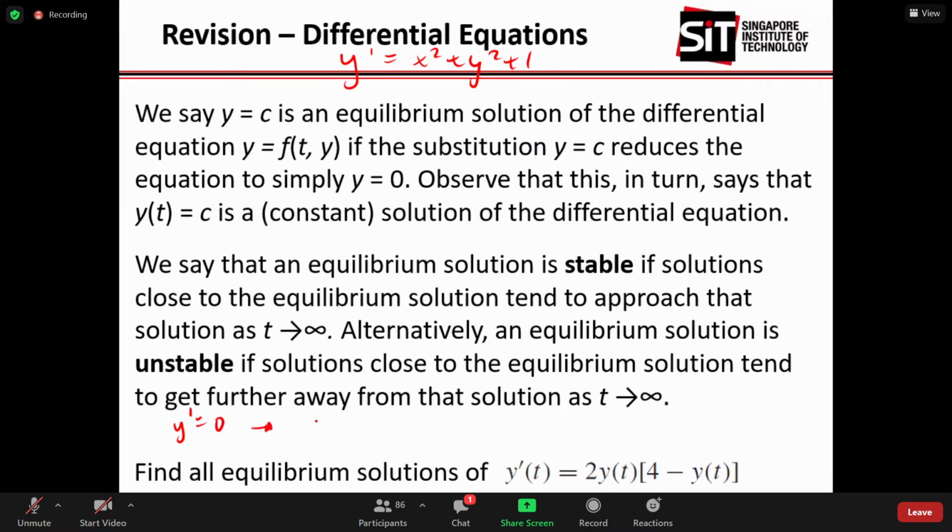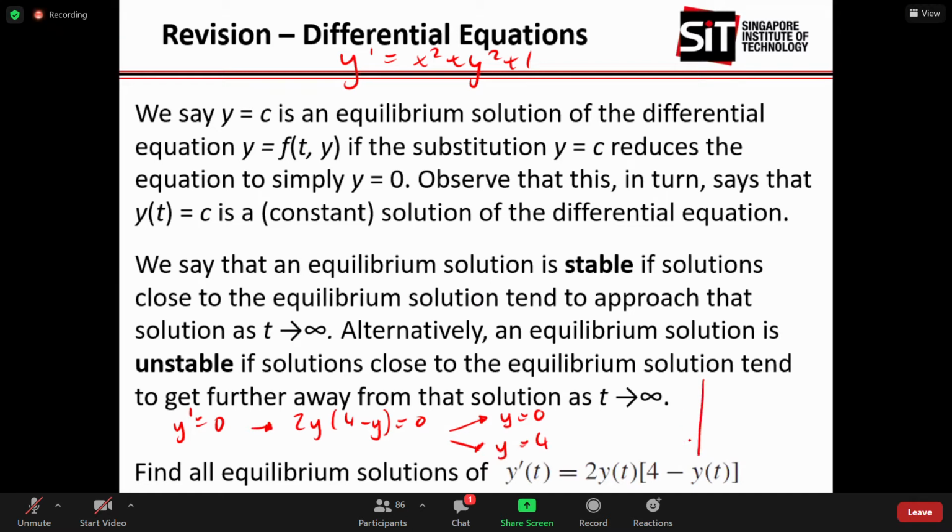When y prime is equal to 0, the equation is 2y times 4 minus y is equal to 0. So this gives us two possible solutions. Solution 1, which is y equals 0, and solution 2, which is y equals 4. So when y is equal to either 0 or 4, y prime is equal to 0, which means y(t) is a constant.